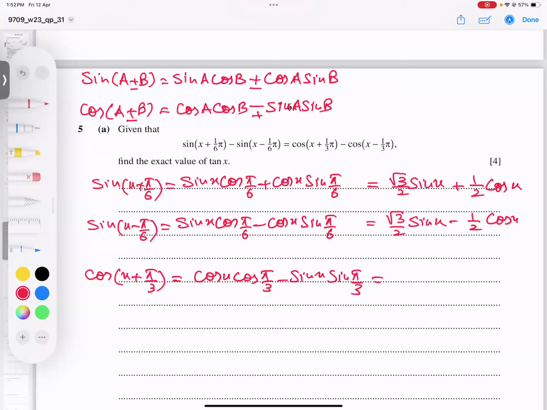If I apply the formula, cos pi by 3 is a half, very clear. So a half times cos x, half cos x. And this becomes root 3 by 2 times sine x. Okay, students, this is very clear.